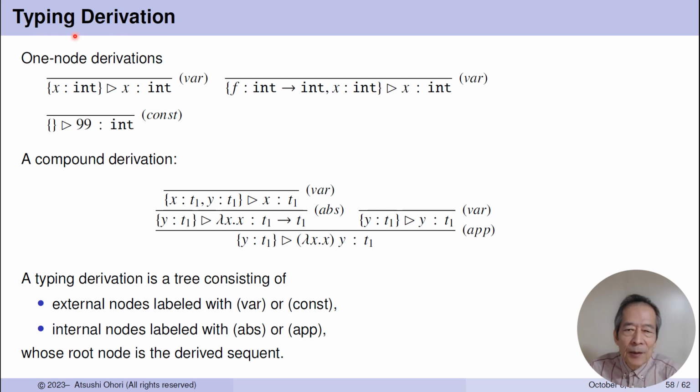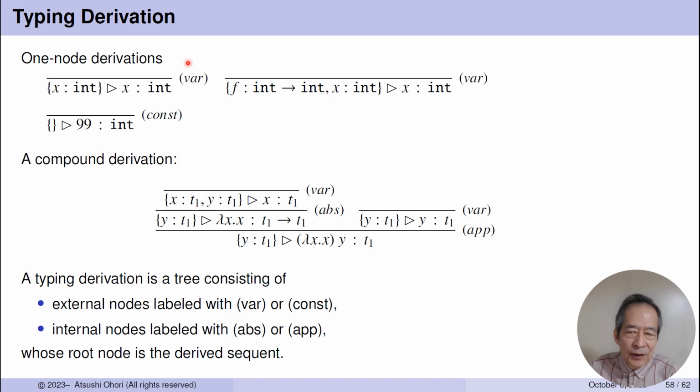So typing derivations are concrete tree-like structures, starting with one-node derivations, which are obtained by instantiating an axiom. There are two axioms for untyped lambda terms: one is var and one is const.